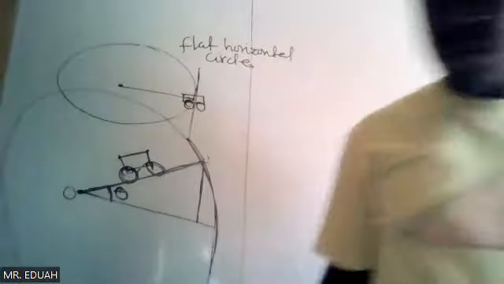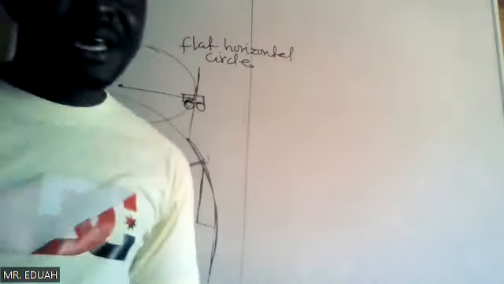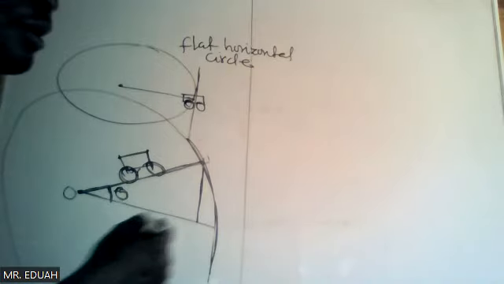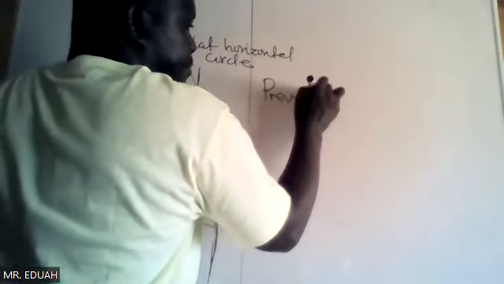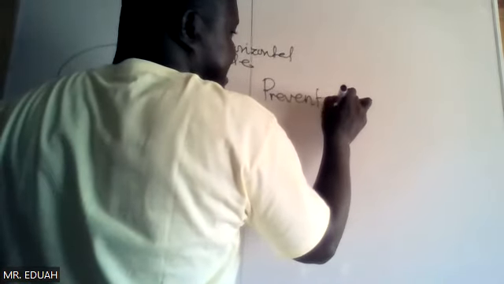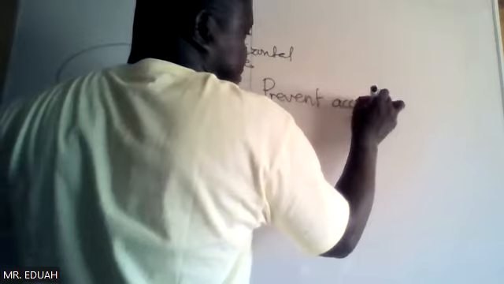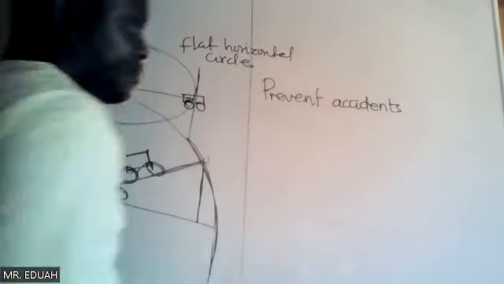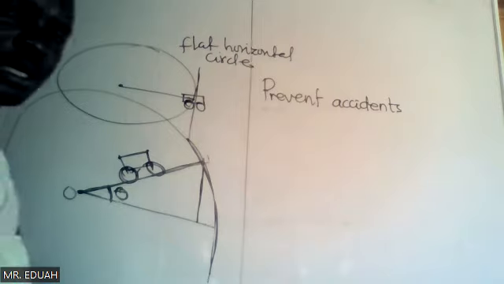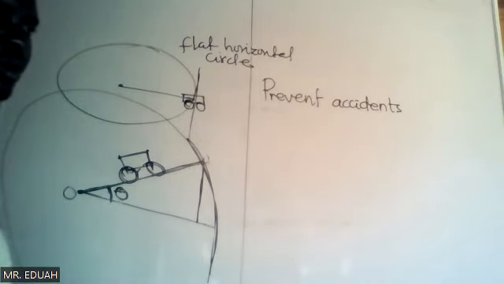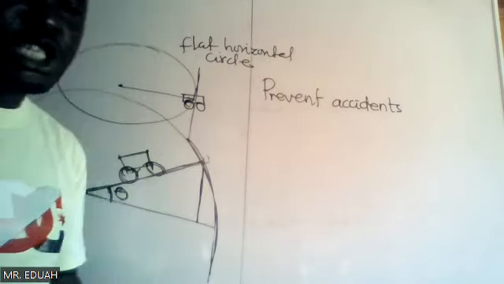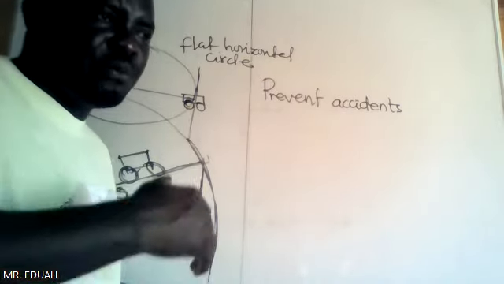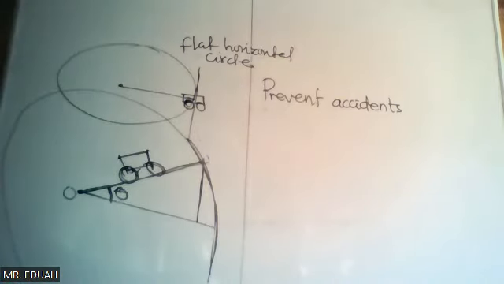Okay. Now, what is the essence of banking of roads? Its purpose is to prevent accidents, because when the road is banked, drivers or motorists can embark on certain maximum speeds without depending on friction.